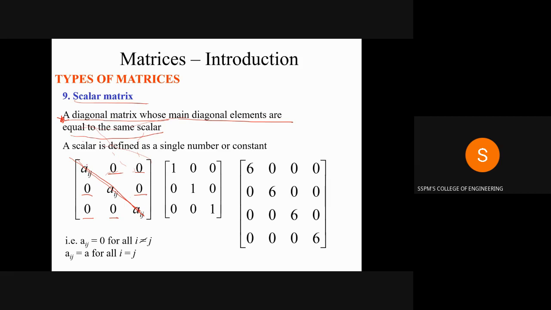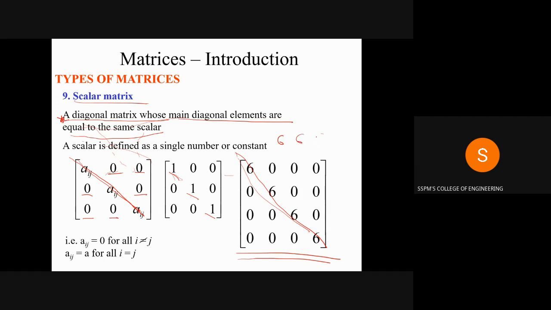But what is the special condition for a scalar matrix? These diagonal entries should be equal. In this example, you can first say that this matrix is a diagonal matrix. Elements other than the diagonal elements are all zero, and the diagonal elements are, what are the diagonal elements?